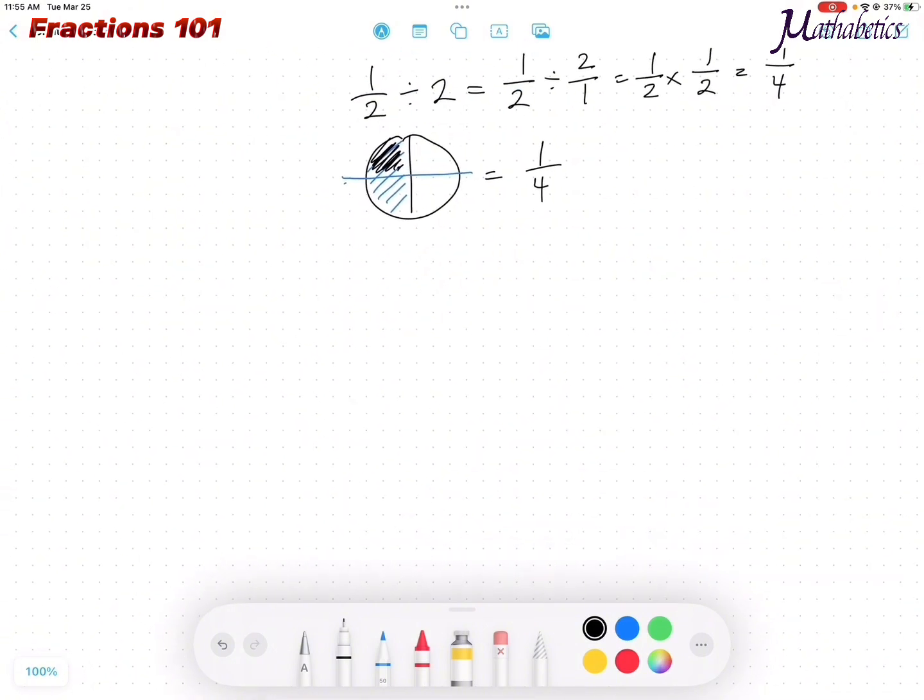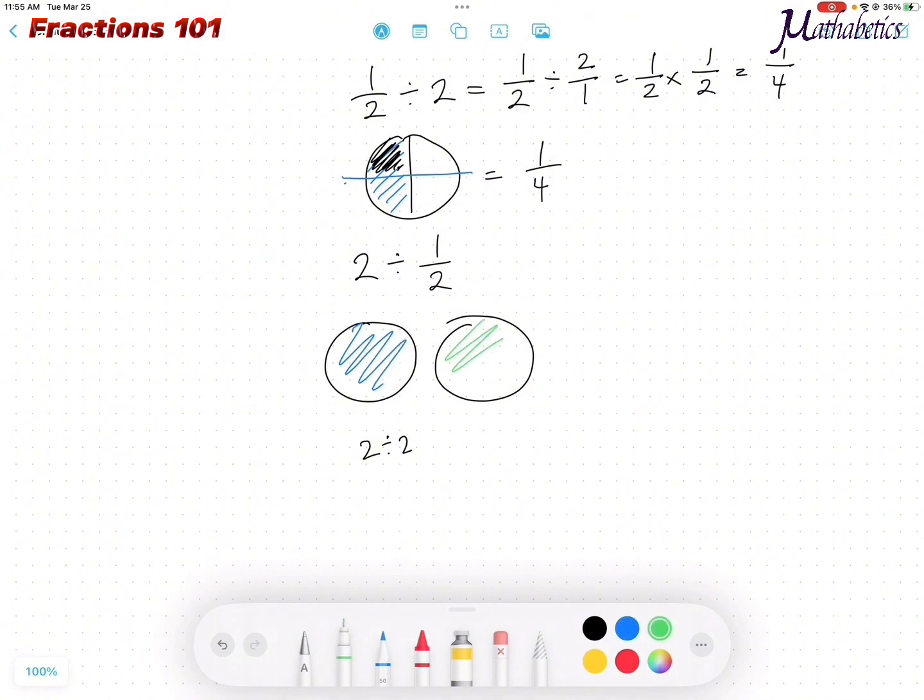Now one last thing is, let's say we have 2 here, and we want to divide it by half. That's one of the more difficult to grasp. So if 2 wholes, what this means is, now I'm dividing by half. Instead of dividing by 2, let's say I divide by 2. Then I'm taking this here as one of those pieces, and then this as one of those pieces. Then I have 1.